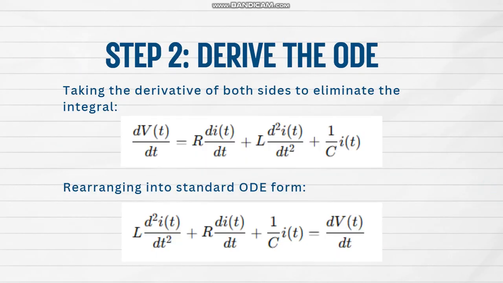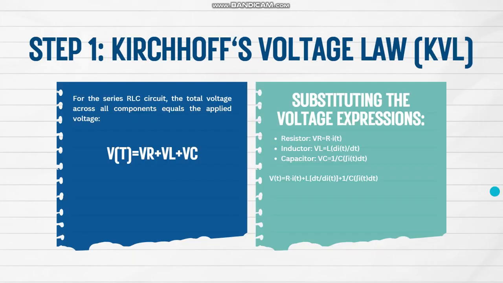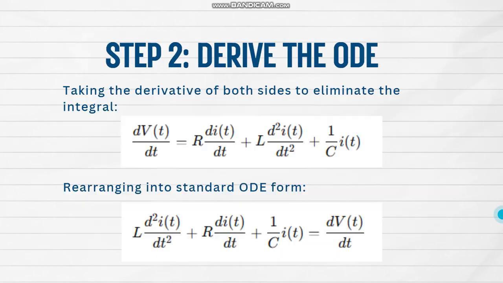Then step 2, we will derive the ODE. In step 2, we will need to differentiate. After we substitute all these expressions into this formula, we need to rearrange it to the ODE form.